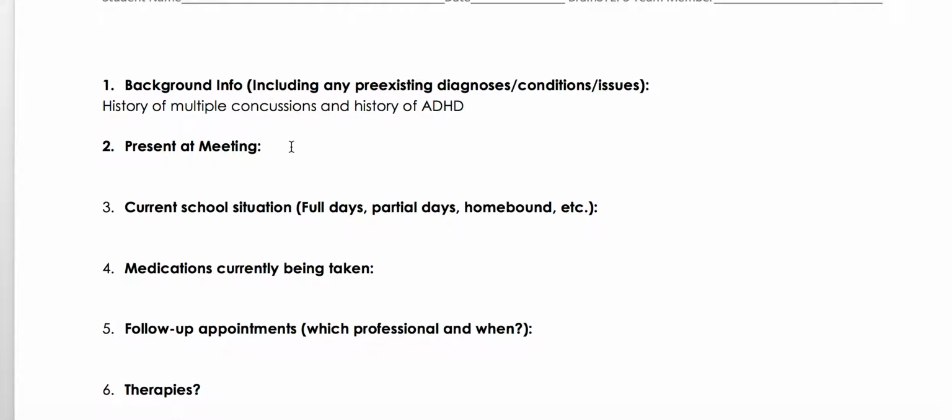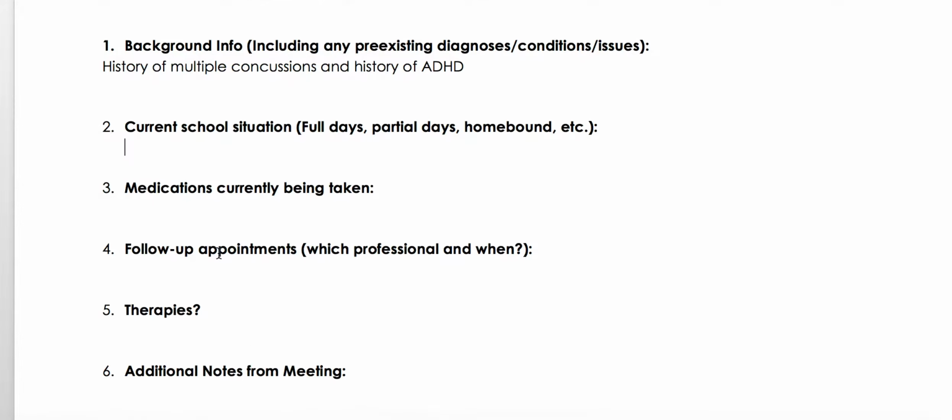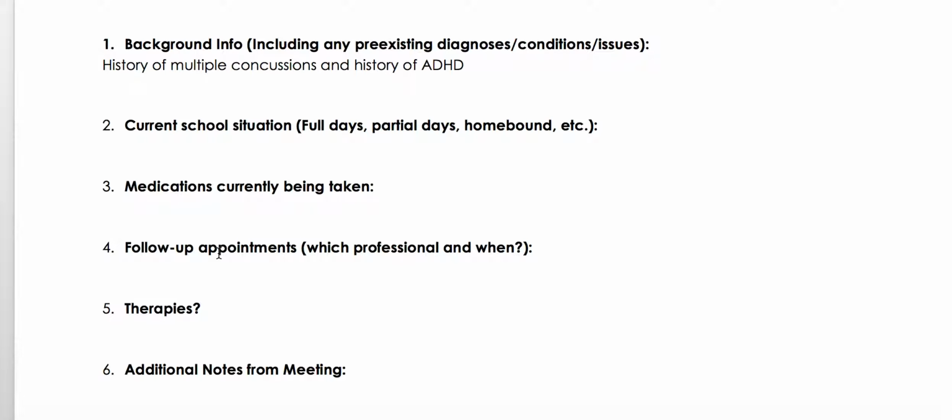Then present at the meeting, we already had that on the first page, so we can actually delete that. Current school situation. So is the student attending school full days, partial days, homebound, hopefully not homebound, but etc. So you could talk about that here. Maybe the student's back at school half days for the first week, and then they're going to transition to full days or whatever. But typically we won't be working with the student that first 4 to 6 weeks.